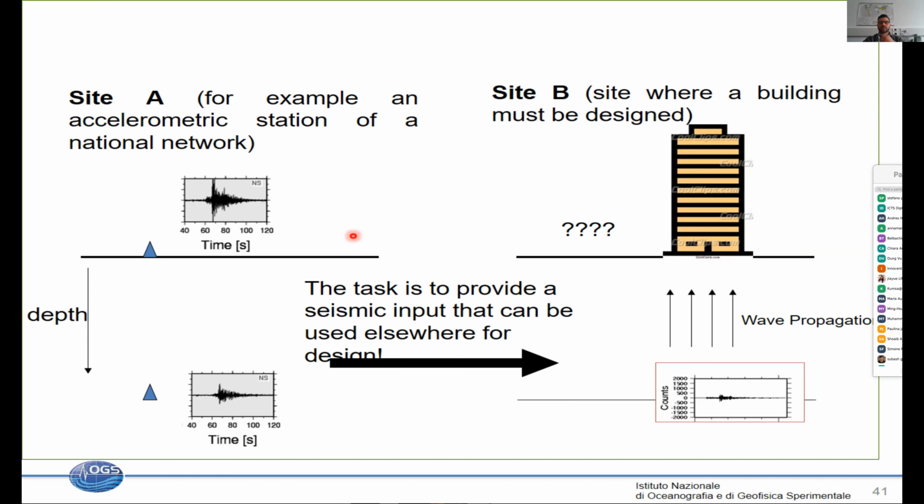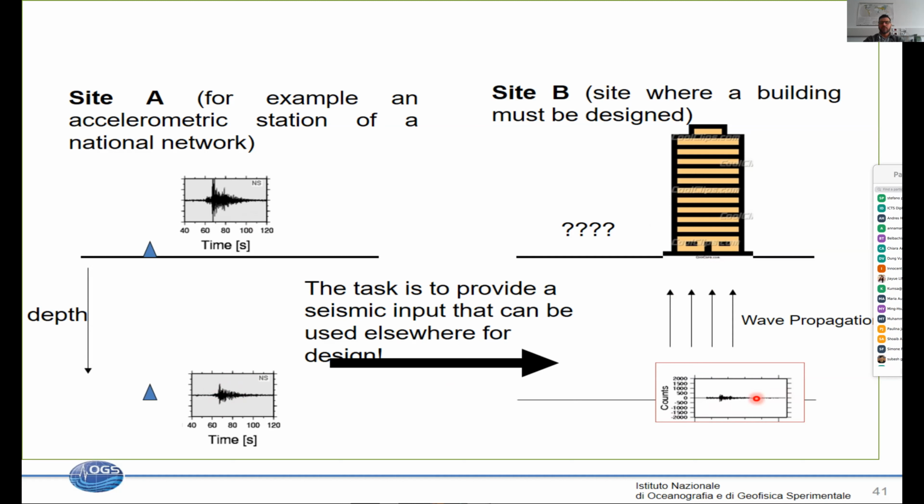Very often we have recordings from boreholes, and we could take these recordings and propagate them up to the structure and simulate its behavior. But we can do this only if we clean this recording of the effect of the downgoing waves.